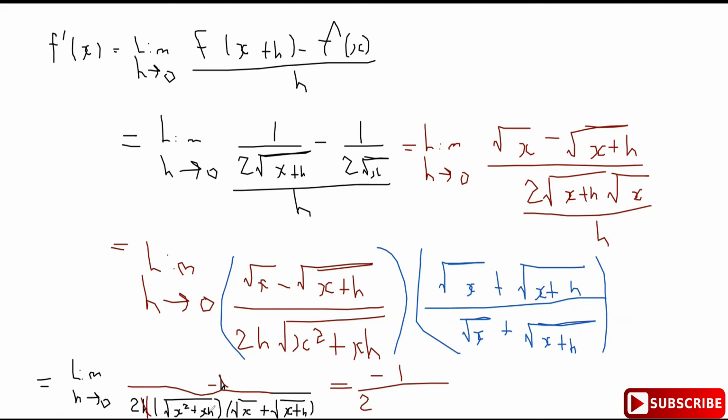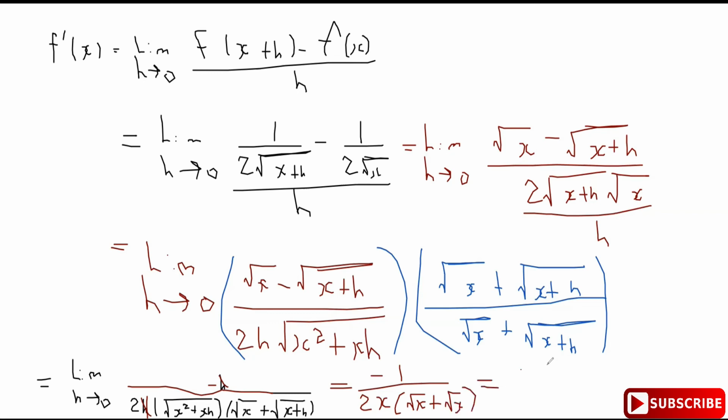If you plug in 0 right here, you get x squared, and the square root of x squared is just x, times, plugging in h as 0, the square root of x, plus another square root of x, and the square root of x plus the square root of x is 2 root x.